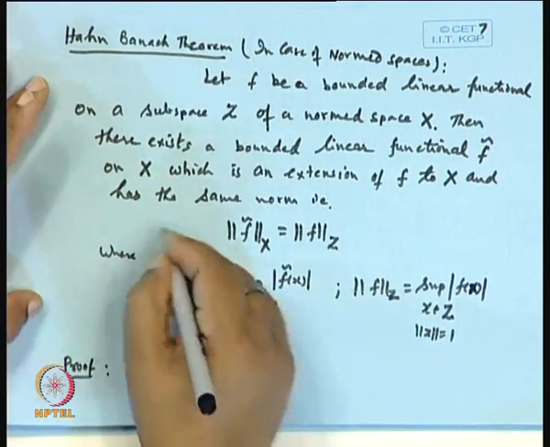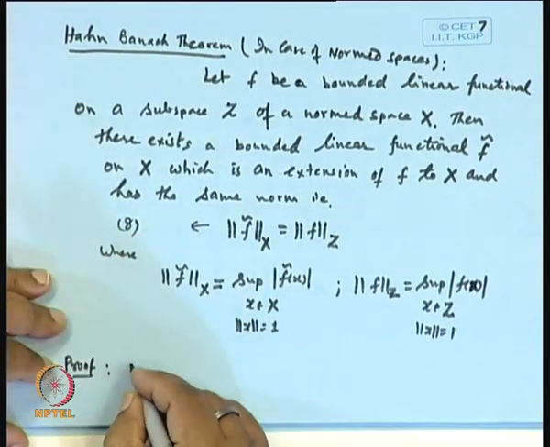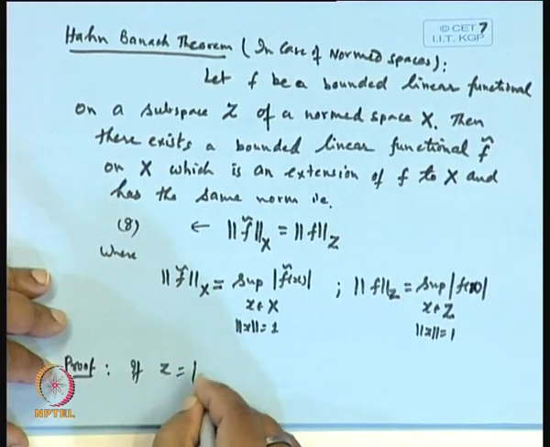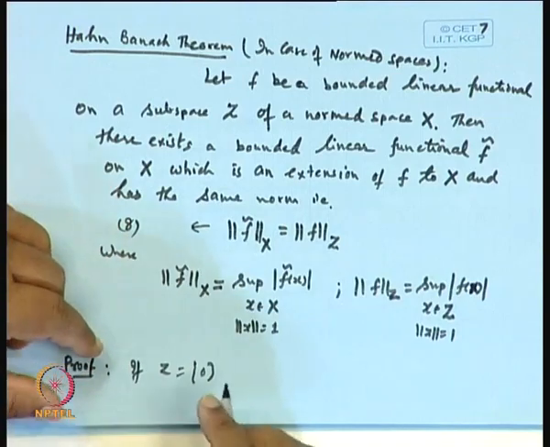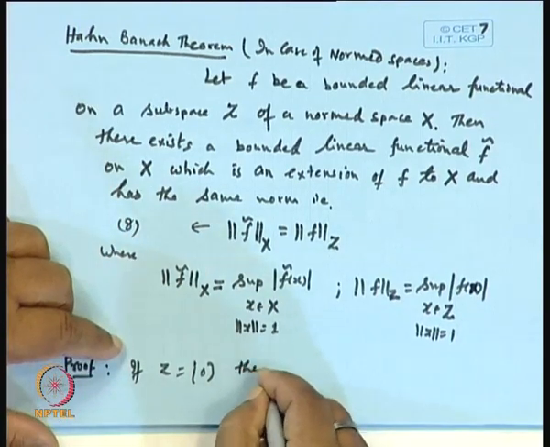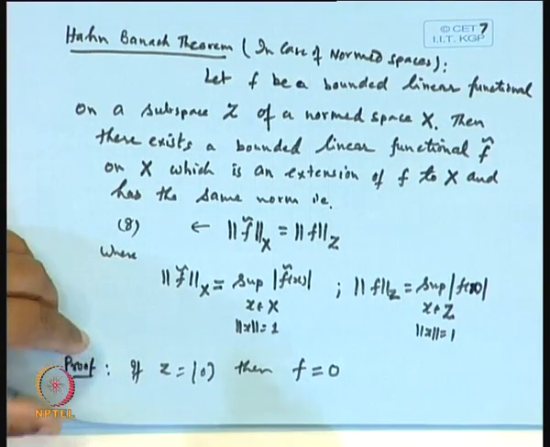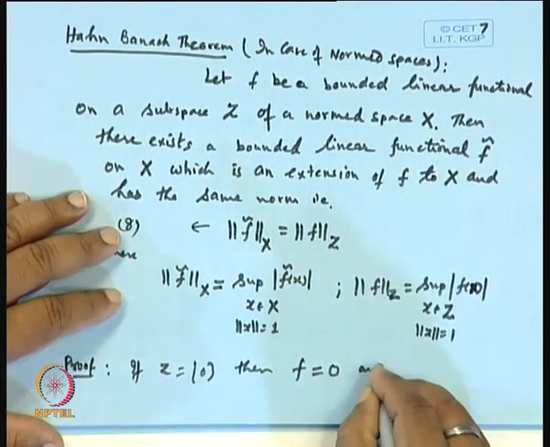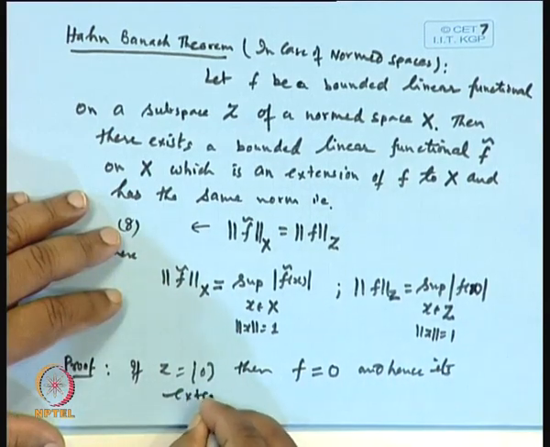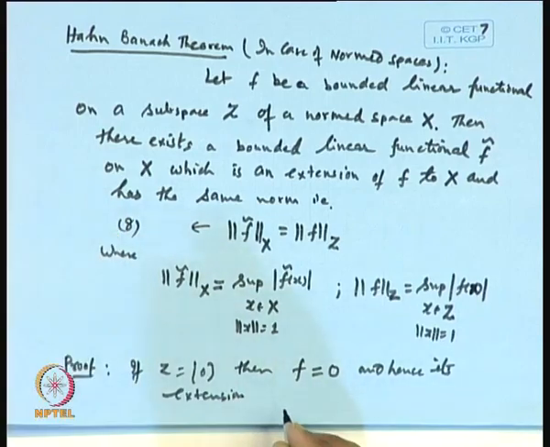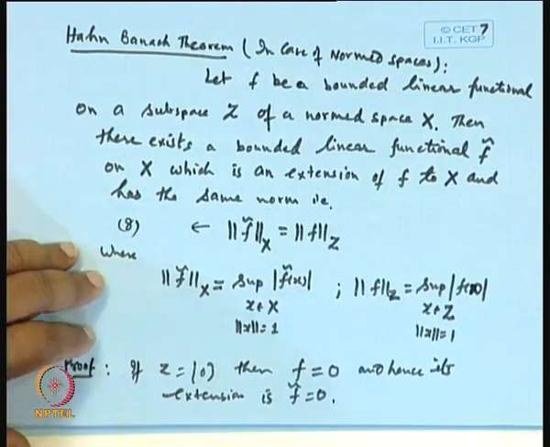Now, suppose Z is the singleton set {0}, a norm subspace containing only 0. Then obviously the linear functional f will be 0 and its extension f delta is also 0 on X. So, there is nothing much to prove.